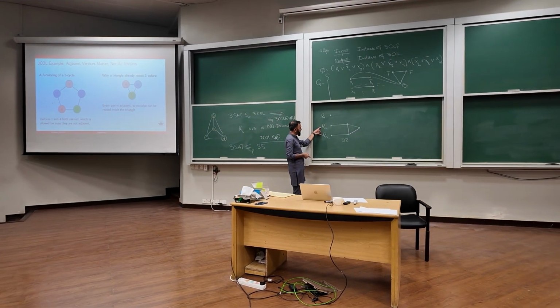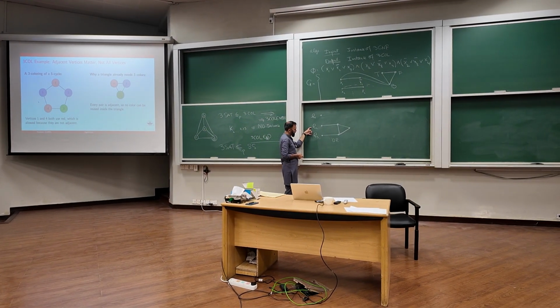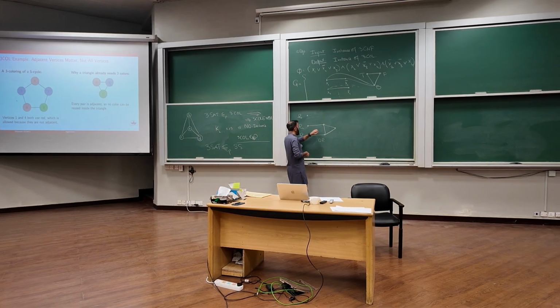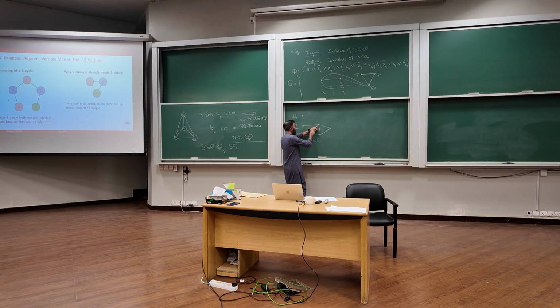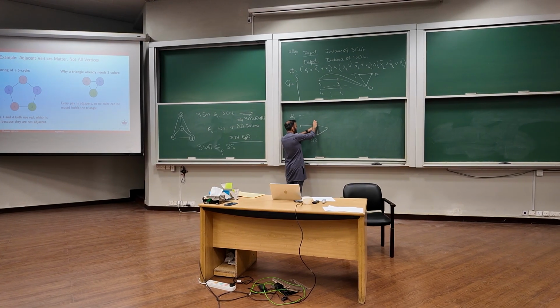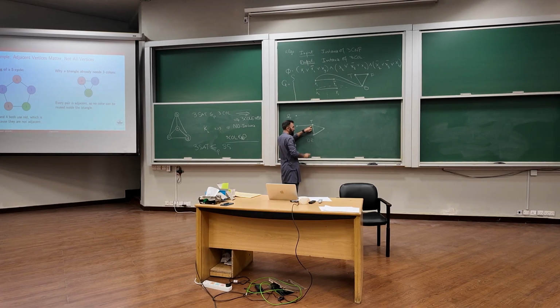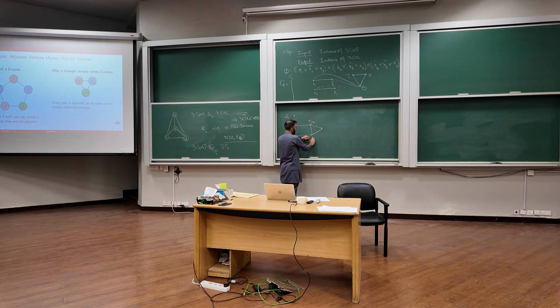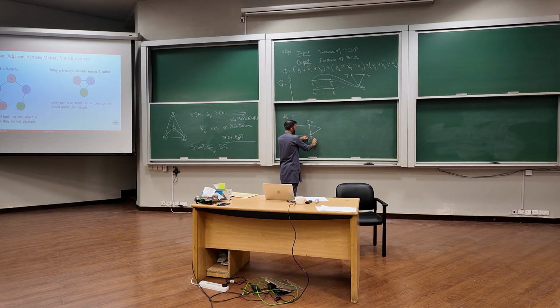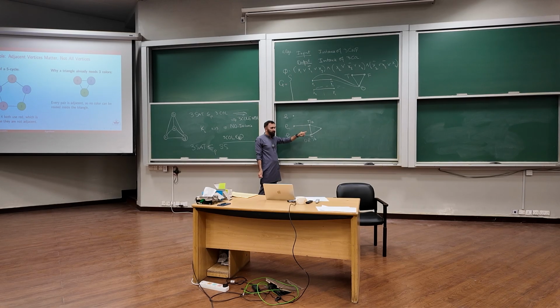If both of these literals were false, then this node is either true or base, right? And this node is either true or base. But both of them cannot be the same color, which means that one of them is true and the other one is base.